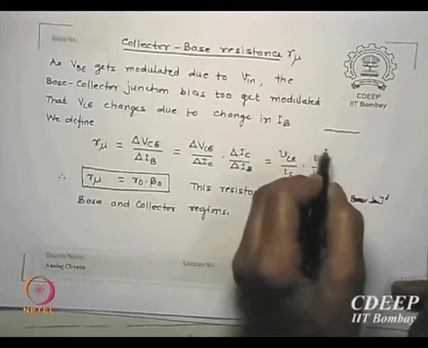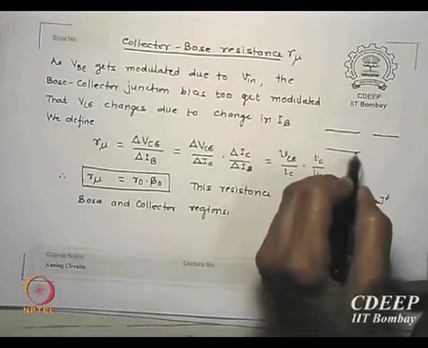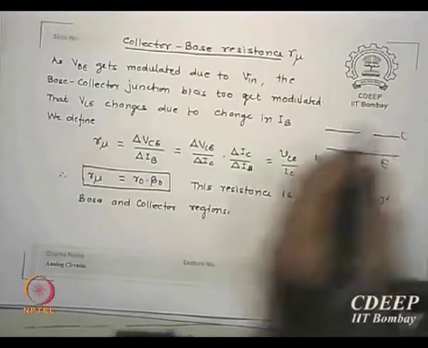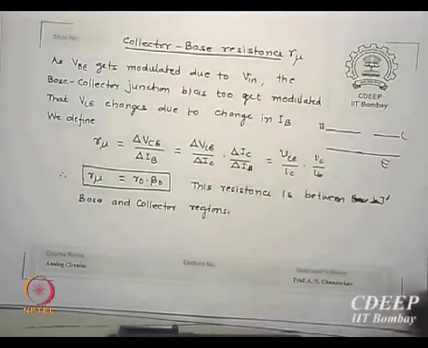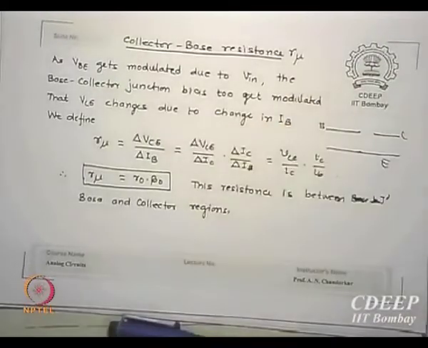This is my base, this is my emitter, and this is my collector. Between the base and collector terminals, there is a diode sitting there. In normal operation, in which mode will the diode be? Reverse biased. In a reverse bias diode, what are the IV characteristics?